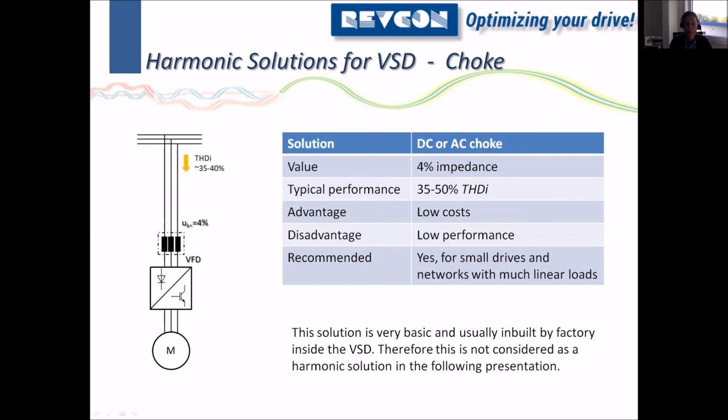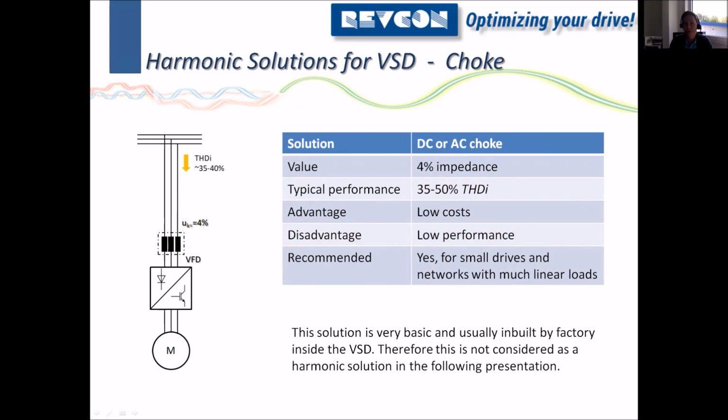So basically, I recommend to use these kind of DC chokes, AC chokes, and for good reason, these are installed in most drives already today. It has been different in the past, but today I think most of the high quality drives have these kind of devices installed from factory, and that's good.